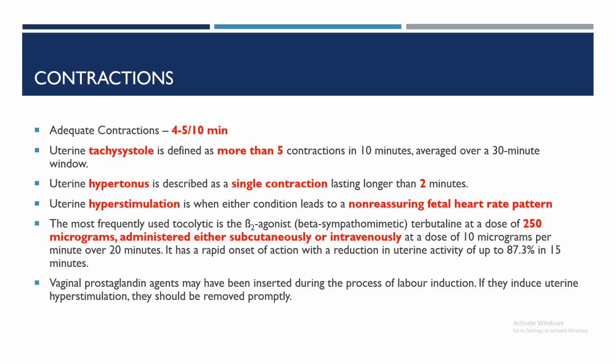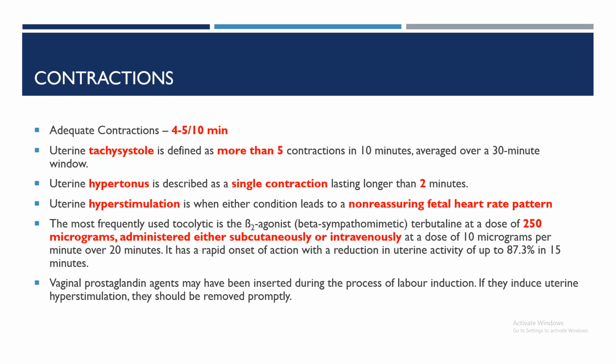Okay, if there is no oxytocin or prostaglandin, then you can give a tocolytic, and the tocolytic of choice here is terbutaline, in the dose of 250 micrograms, either subcutaneous or intravenous at 10 micrograms per minute over 20 minutes.